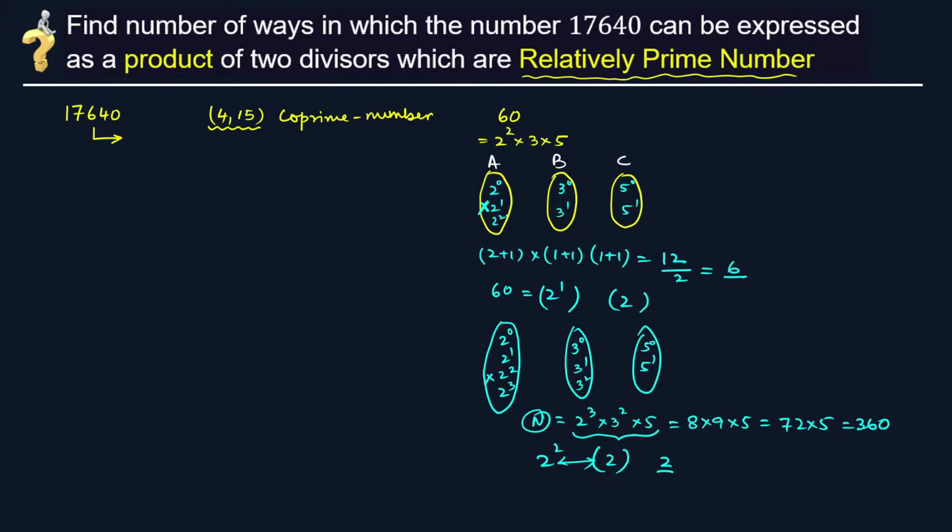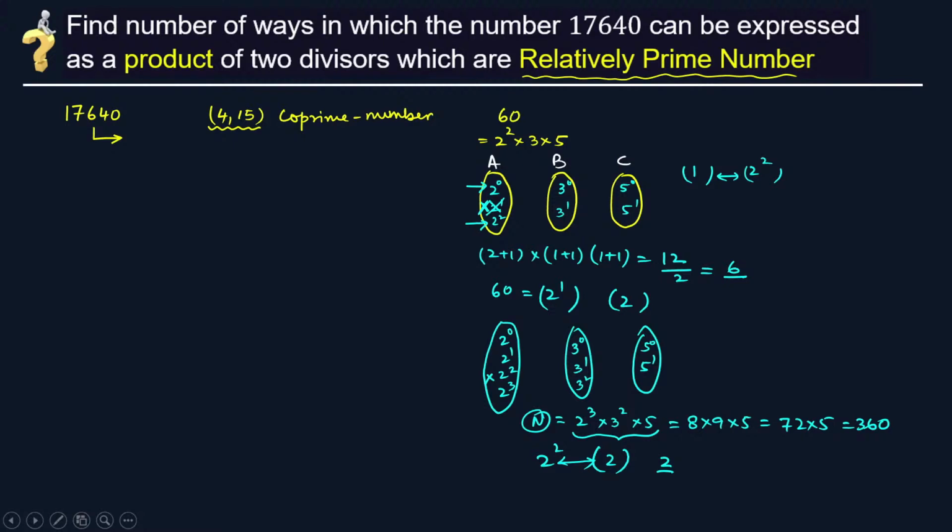So in this case, I cannot split up 2 to the power 1. Either I will select 2 to the power 0 or I will select 2 square. That's it. Why? Because 2 to the power 0 means it's 1. If I use 1 in one factor, obviously 2 square will go in the other factor. Now you check it, there will be no common term other than 1 between these two.